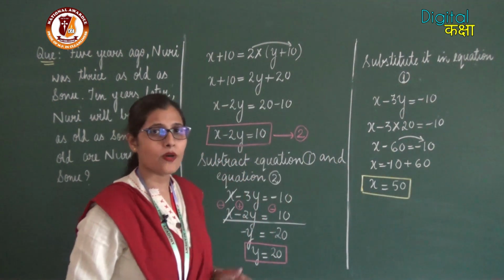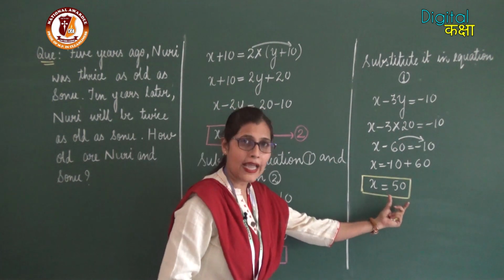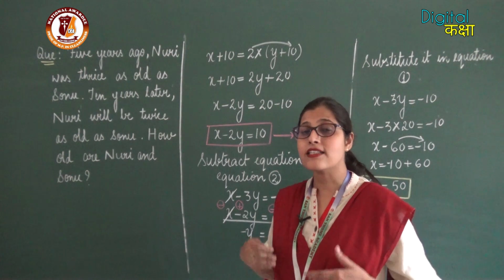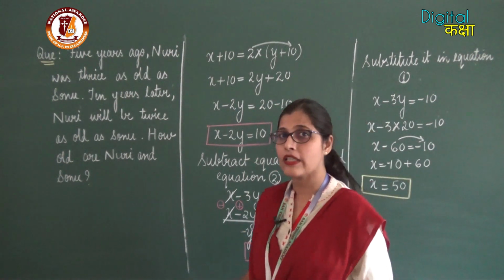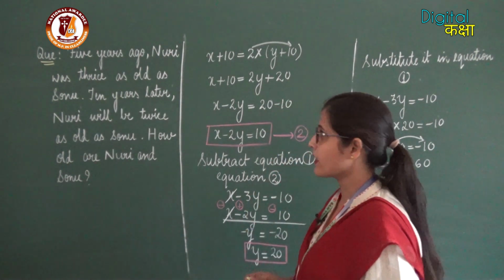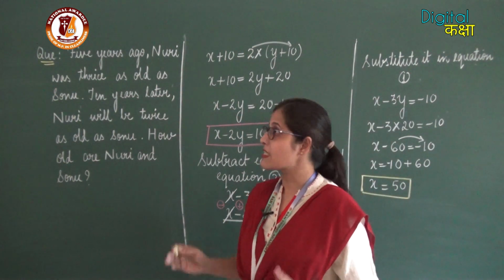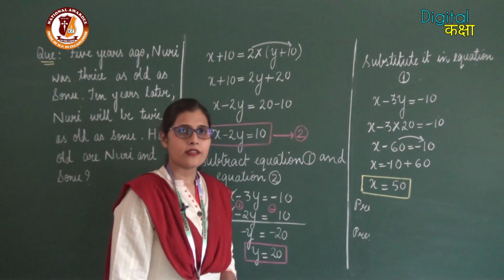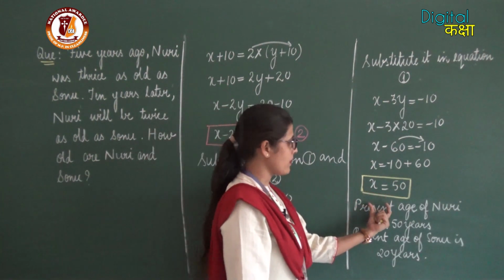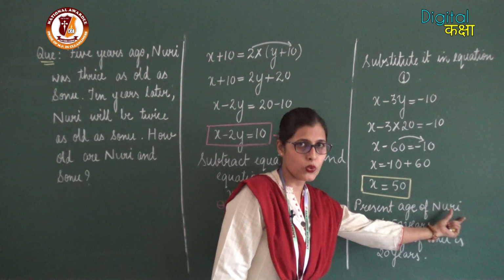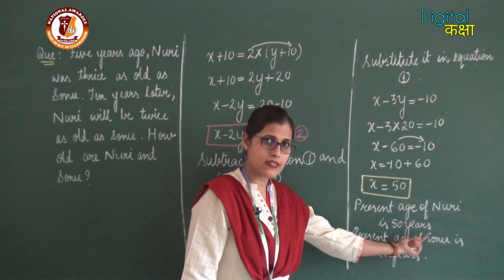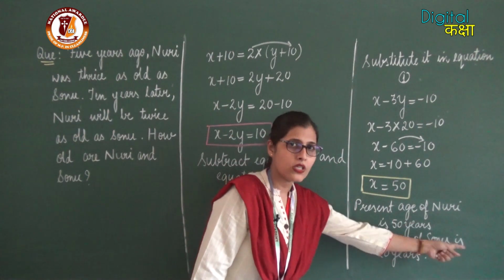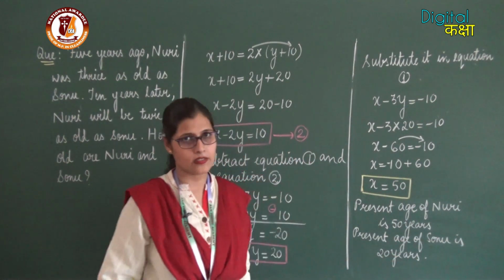As we got the value of the variable x and the variable y, let us revise what we have assumed in the beginning. In the beginning, we assumed the present age of Noori to be x years. Thus, the present age of Noori is 50 years and the present age of Sonu is 20 years.